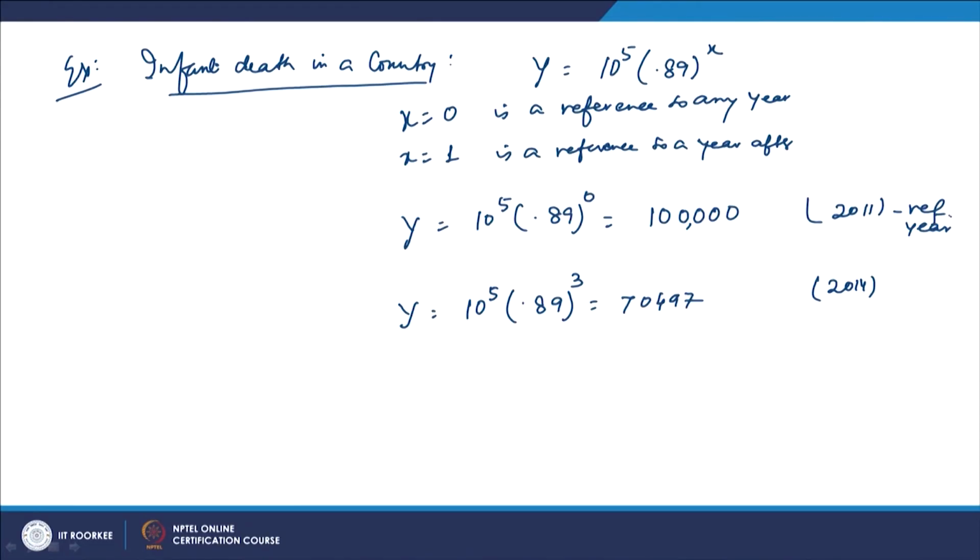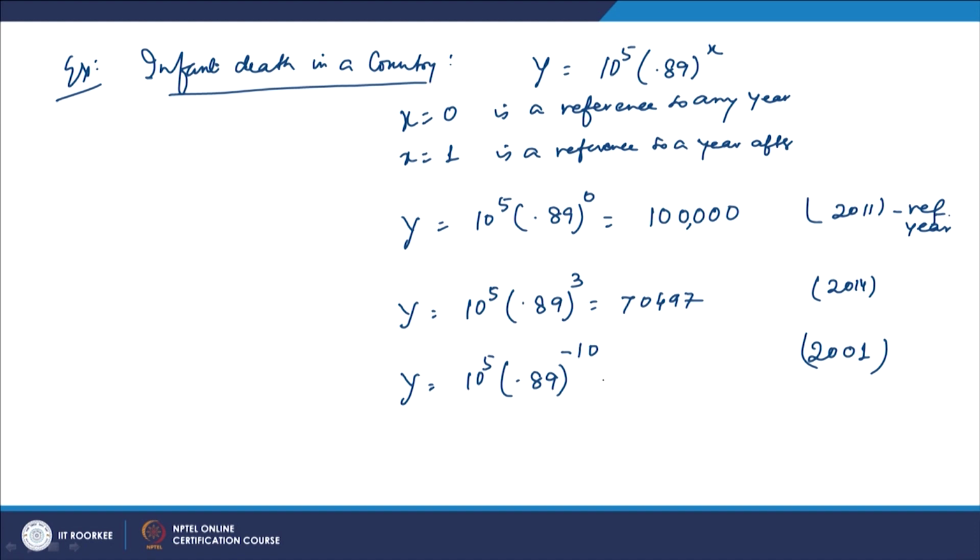If you want to go towards the back from the reference year and predict in 2001, you are going 10 years back. So x will be minus 10, and y will be 10 raised to the power 5 into 0.89 raised to the power minus 10, which is divided by 0.89 raised to the power 10.